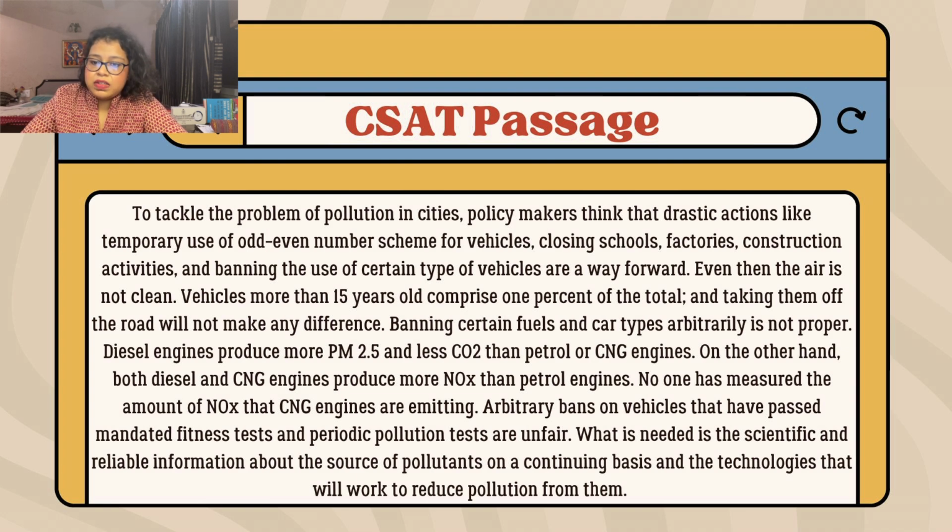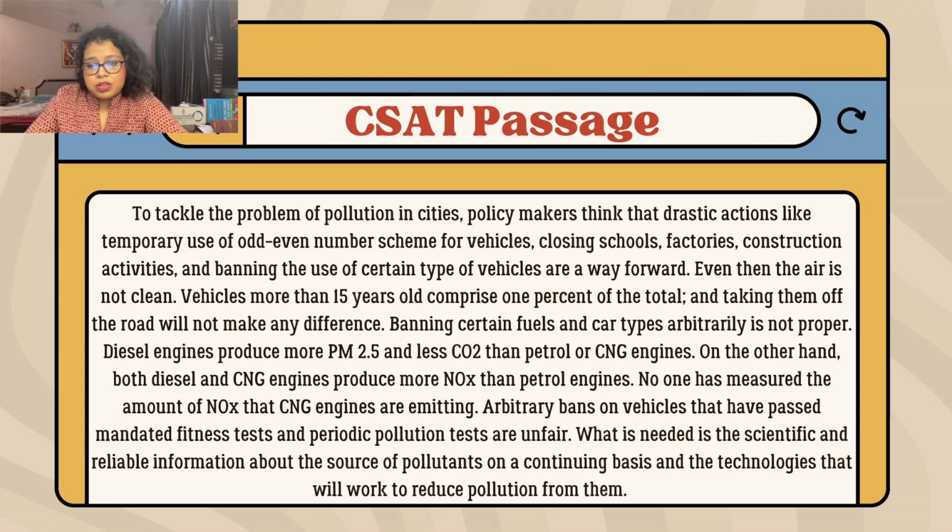Vehicles more than 15 years old comprise 1% of the total, and taking them off the road will not make any difference. Banning certain fuels and car types arbitrarily is not proper. Diesel engines produce more PM 2.5 and less CO2 than petrol or CNG engines. On the other hand, both diesel and CNG engines produce more NOx than petrol engines.